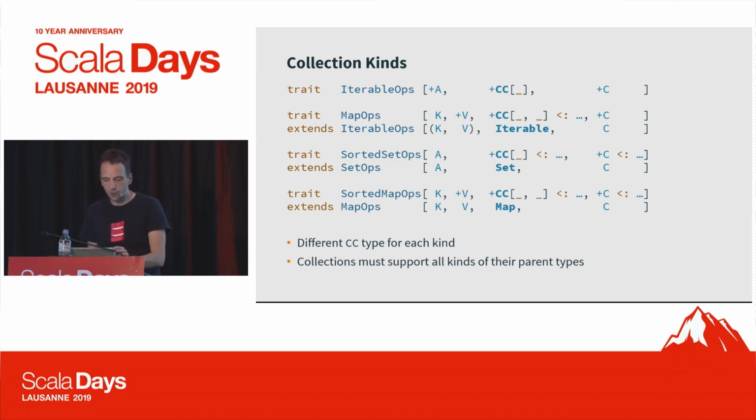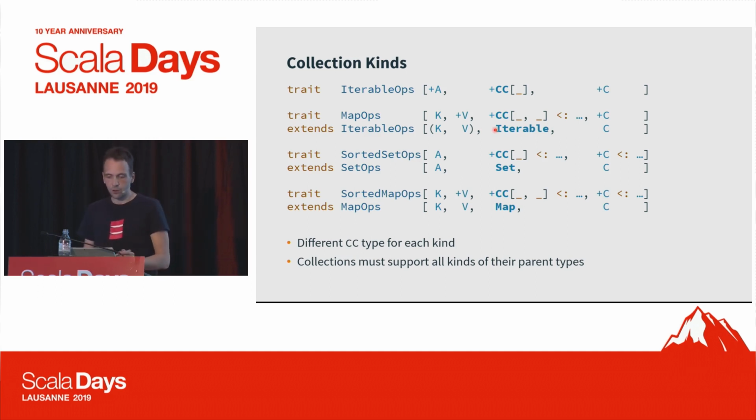So if you look at the definition of map ops here, slightly simplified, it takes a CC type parameter, which has two type parameters itself. It's a binary type constructor here. That's our map CC. But the CC it passes on to iterable ops is not this CC. That's just iterable. So these are separate CC types for each kind.